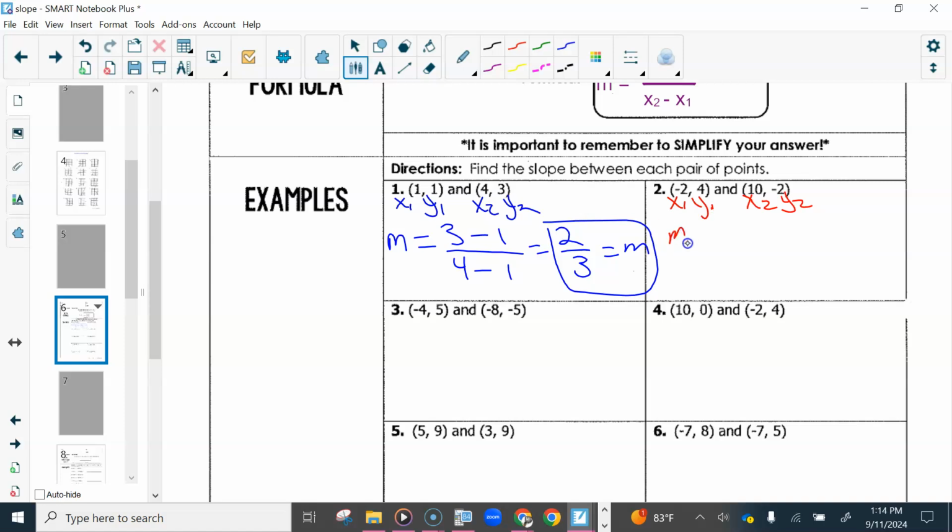We have m equals our y2, negative 2, minus our y1, 4, over x2, which is 10, minus our x1, which is also a negative, so I'm going to write it like this, minus a negative. When we see something like this, we're going to change it to a plus.